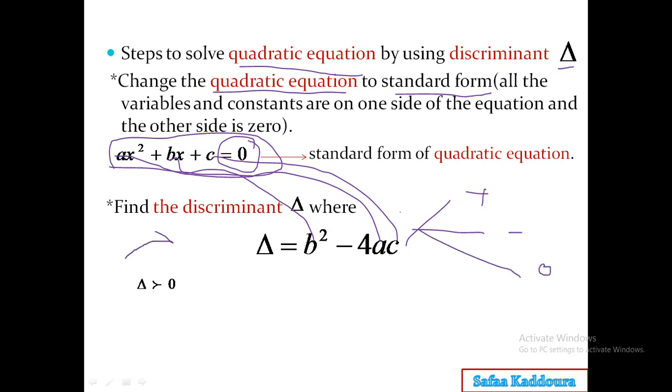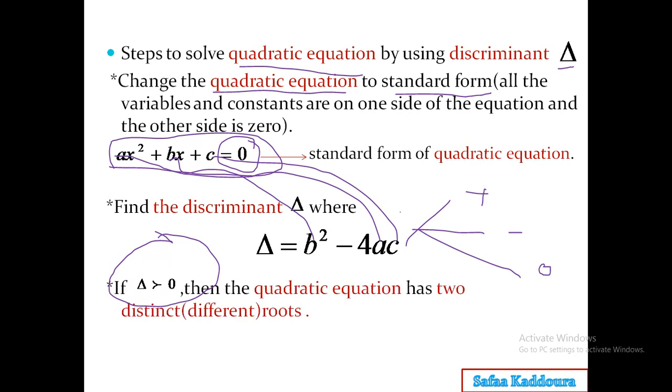If I get a positive value of delta, or we can say delta greater than 0, then we directly know that this quadratic equation has two different roots, or we say two distinct roots. Now we know the number of roots. But what are these roots?